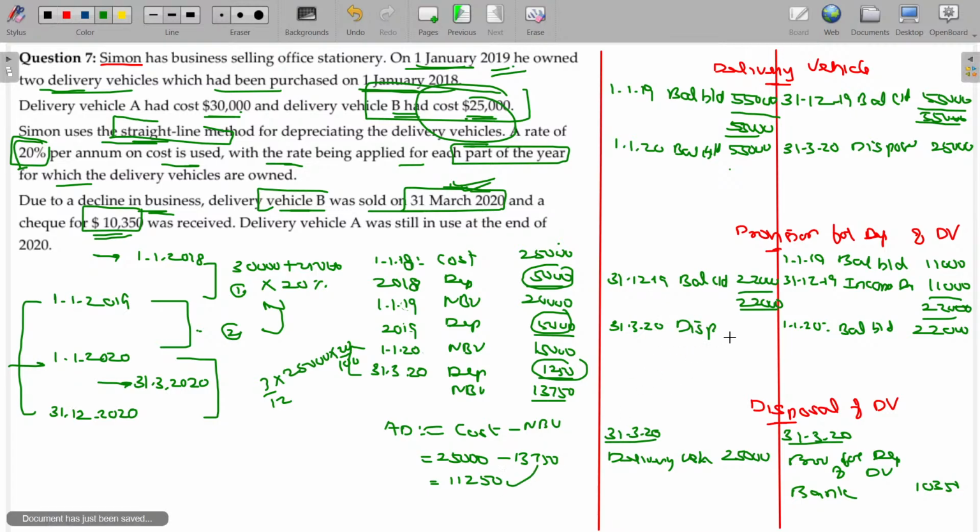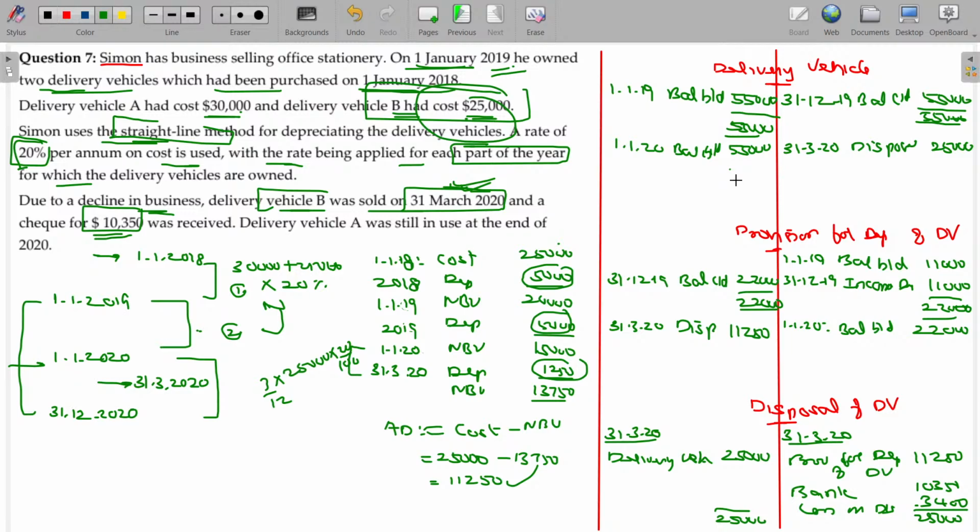This value is already calculated, 11,250. Now, if you tally, then you will get either profit or loss. I think you will get loss only. 25,000. In this case, the loss being 3,400. Loss on disposal.